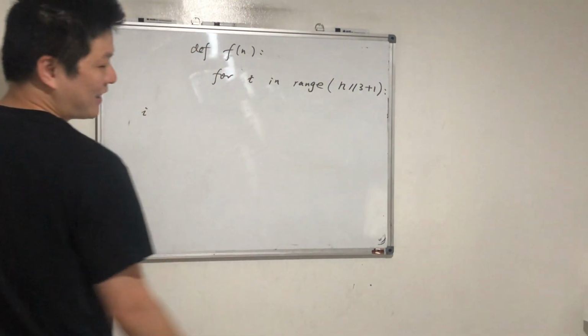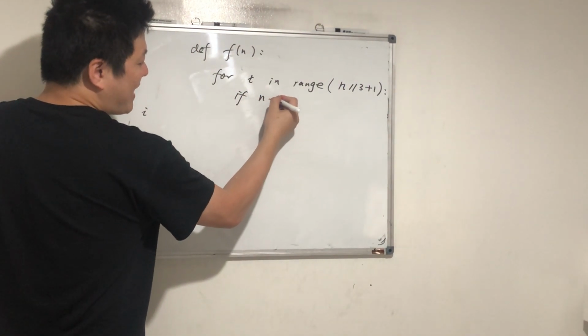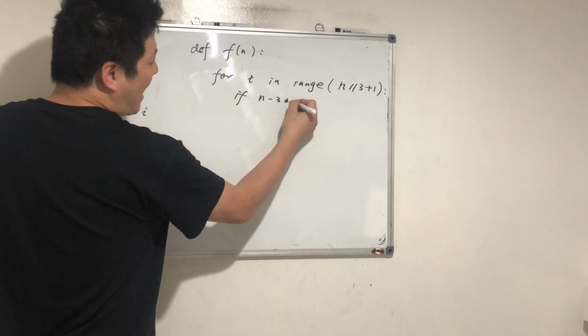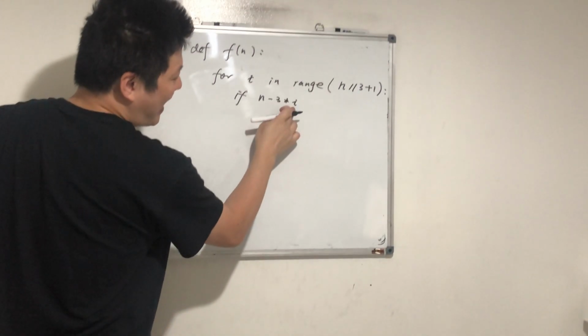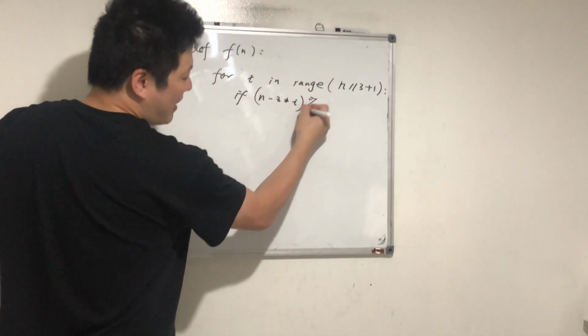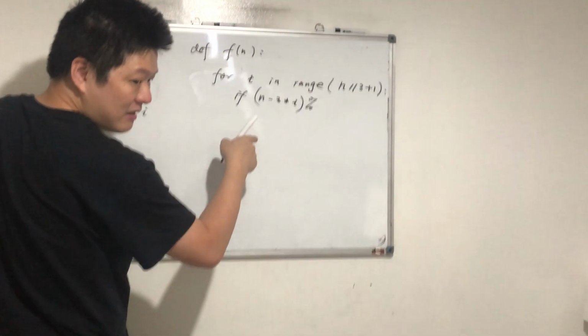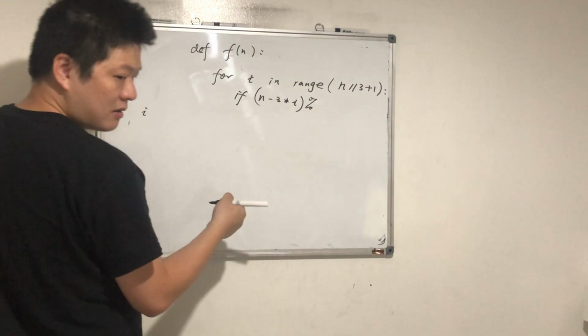That's the maximum you can get, right? If n minus 3 times i, if it can be modulus 3.